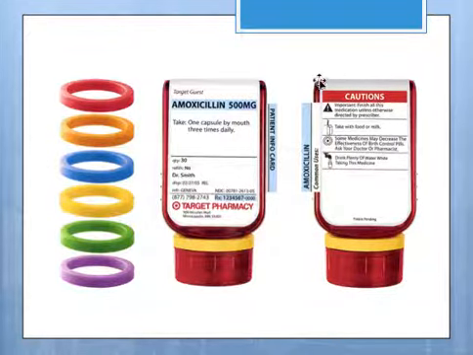She made an easy grip design, as you see here. The lid is larger, so it's easier to grip. There's the color-coded ring that tells everyone in the family whose prescription goes to who. The text is larger. It's organized in a way that makes more sense. It's set in a hierarchy.